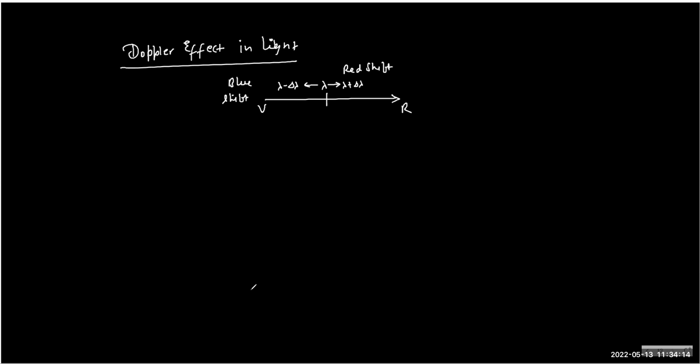In such a scenario, the wavelength will shift. Because the wavelength will shift, it will either increase or decrease. If it decreases, we say blue shift, and if it increases, we say red shift. As you can see in the diagram, the decrease is the blue shift and the increase is the red shift.